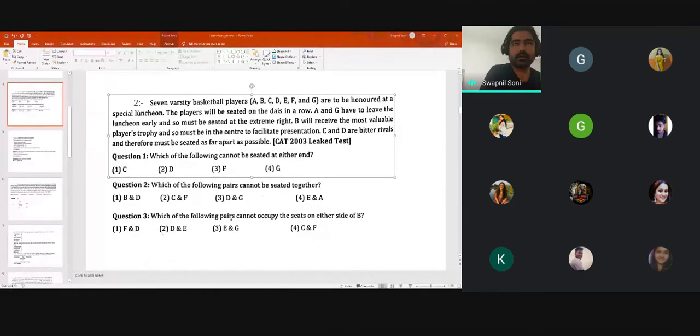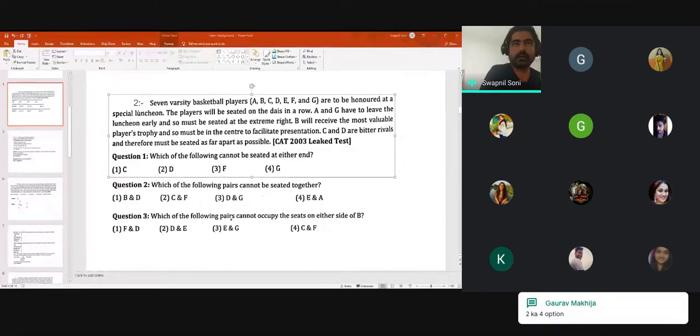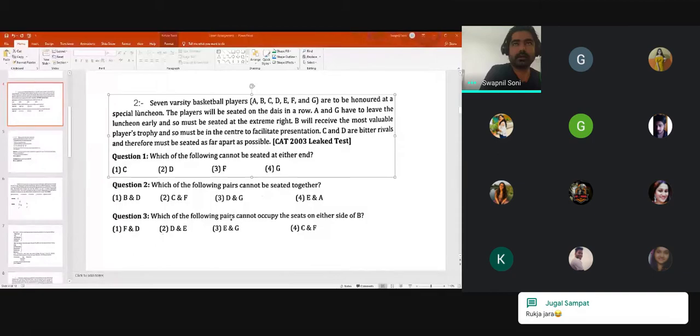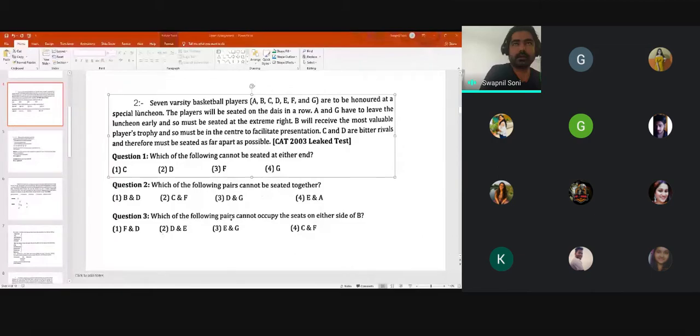C and D are bitter rivals and therefore must be seated as far apart as possible. So this sentence means C and D have to be at the extreme ends. If C sits over here, D has to be sitting over here, because these two positions are the only possible pair which are extremely far away from each other.